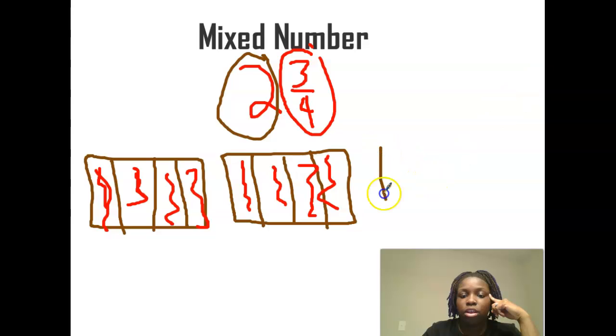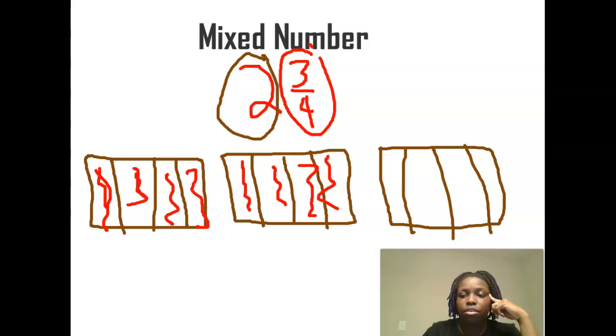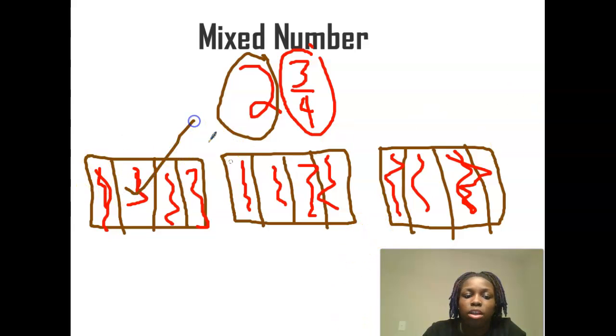So then I draw another chocolate bar with 3/4 shaded. Ooh, that overlap. So this shows 1, 2 wholes, and 3/4. Got it? So this is your mixed number. We're going to talk more about this later, though, in small groups as well.